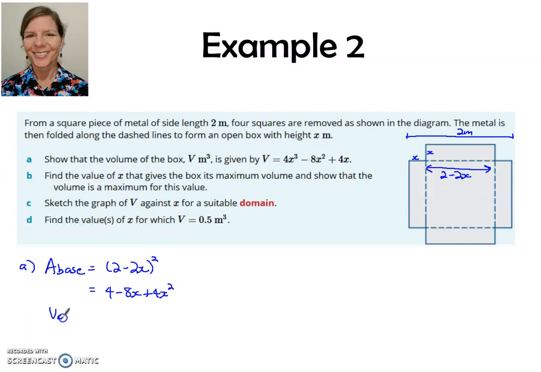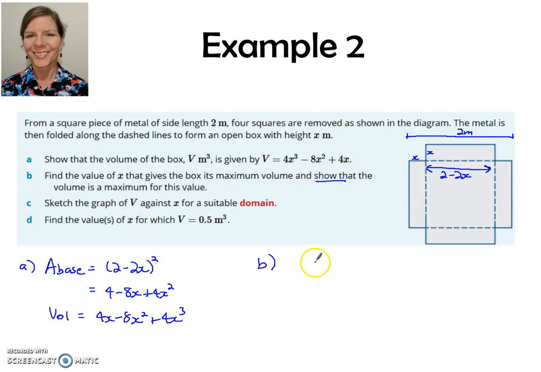And therefore the volume will just be that multiplied by x, because the x is the height. So 4x minus 8x squared plus 4x cubed, which is what we had up here. So we've showed that. Okay, part B says find the value of x that gives this box the maximum volume and show that it's maximum.